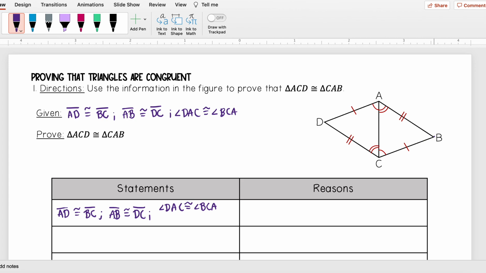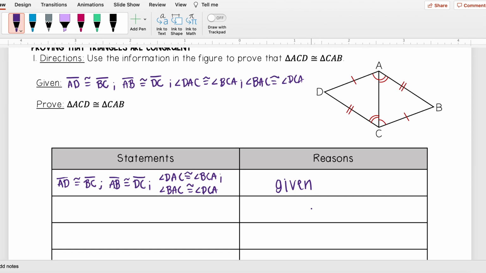And then I also see that angle BAC is congruent to angle DCA, and that's because they both have those two tick marks. And so all of that is my given.